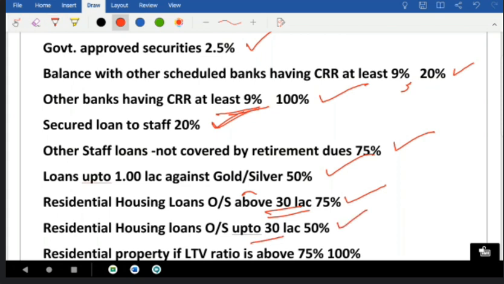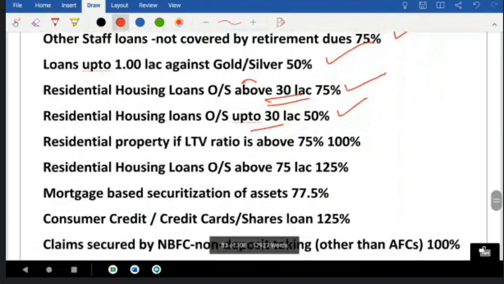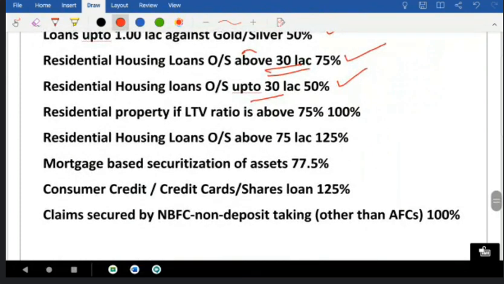And next, residential property, if the LTV ratio is above 75%, then 100%. And residential housing loan above 75%, 125%. Mortgage based securitization of assets, 77.5%.